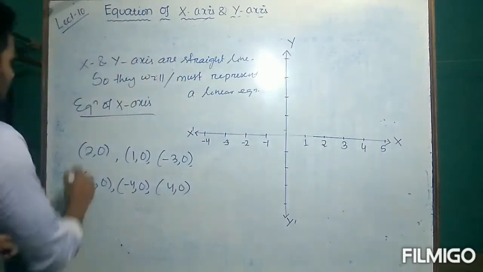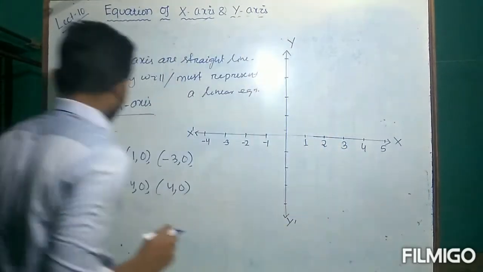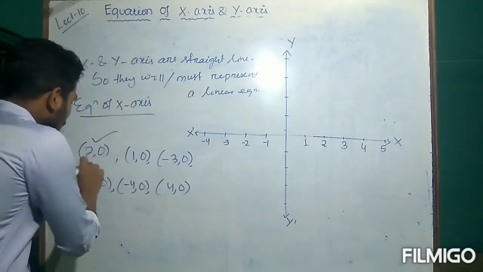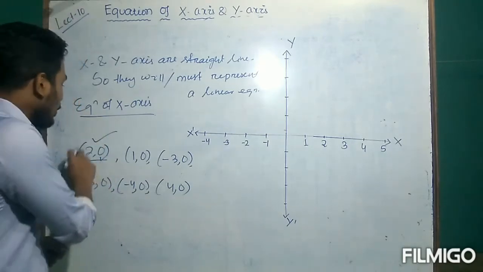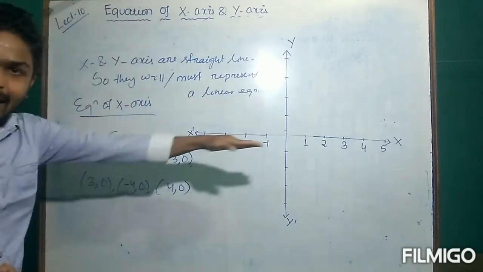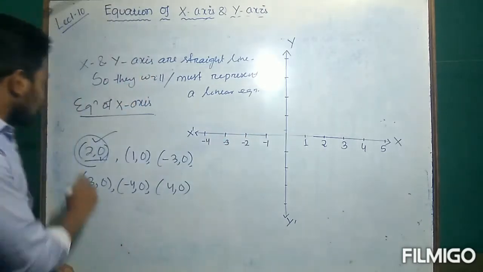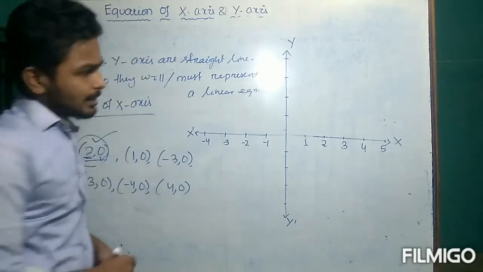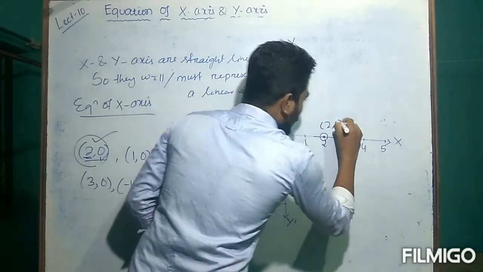First point is (2, 0). Here the y coordinate is 0. As you know, if the y coordinate of a point is 0, then this point should lie on the x-axis. So this point must lie on the x-axis towards the positive direction. So this is the point representing (2, 0).